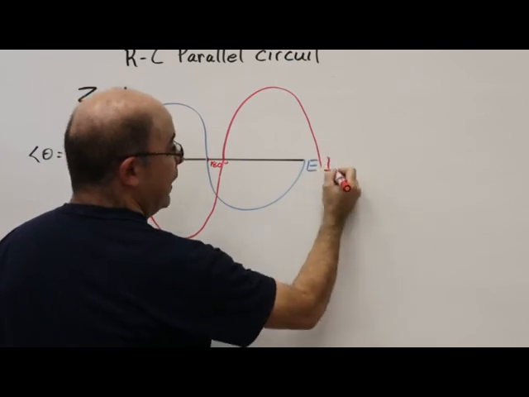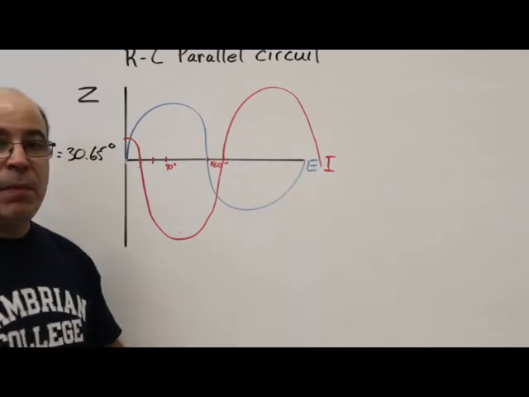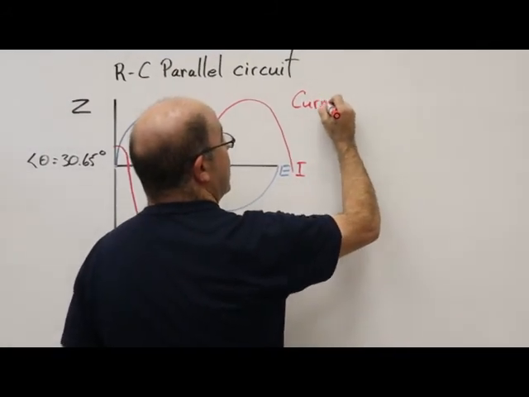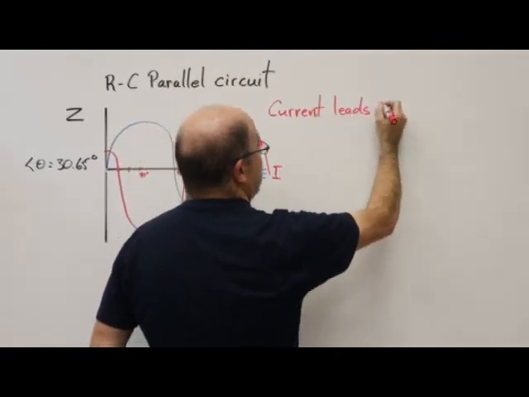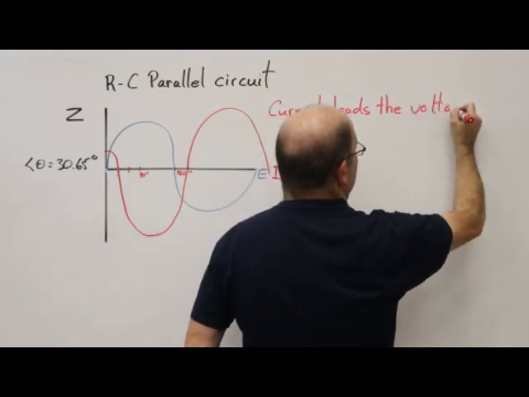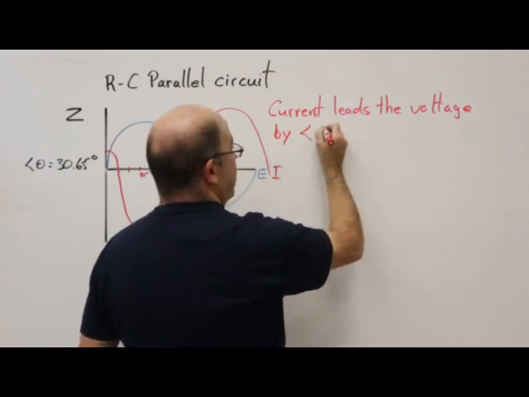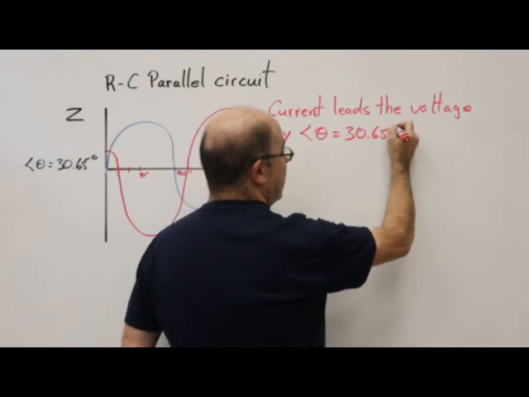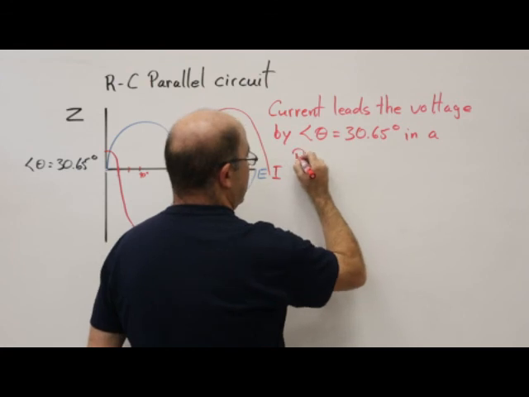I'm going to label this waveform, and we're going to spell it out. That current leads the voltage by angle theta, which in this case is 30.65 degrees, in a parallel circuit.